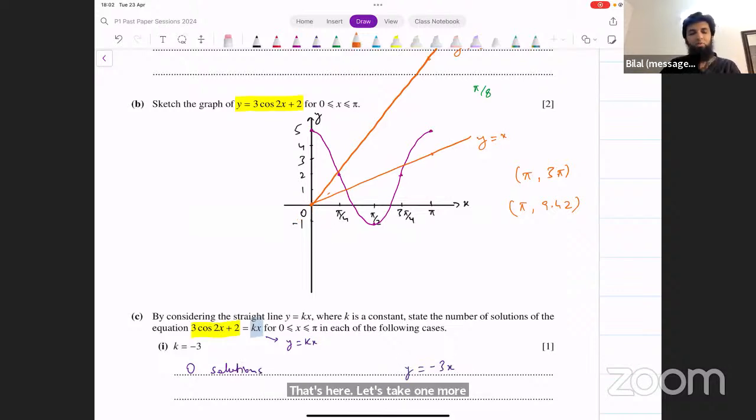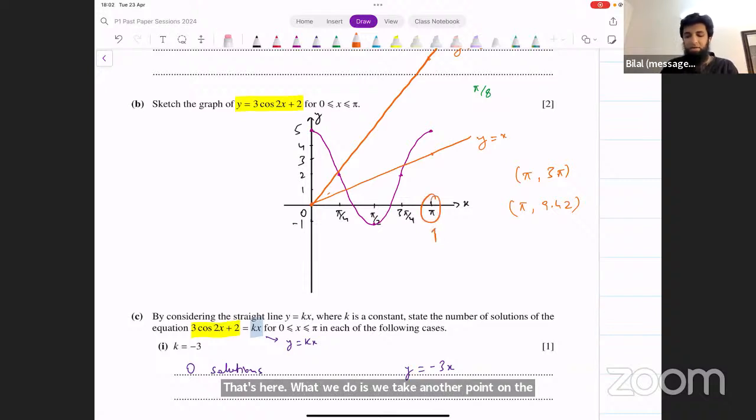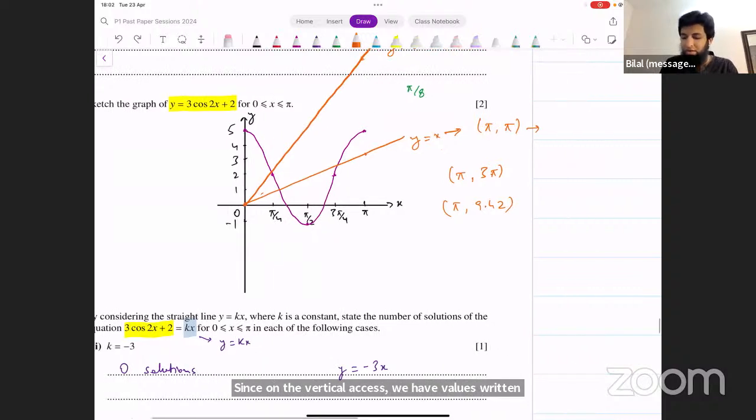Let's take one more point. What we do is we take another point on the other extreme of the interval that we're given. The interval is until pi. So we see what's another point going to be on this line. If x is pi here, what about the y coordinate? Y is also going to be pi. Since on the vertical axis, we have values written like this, 1, 2, 3, 4, and not in terms of pi, we can write it in numbers like this.